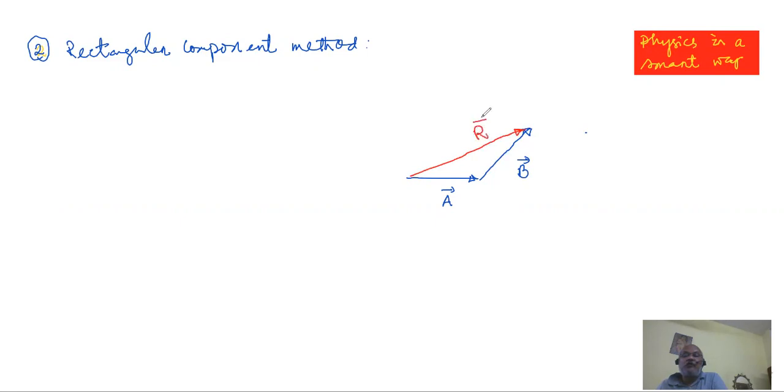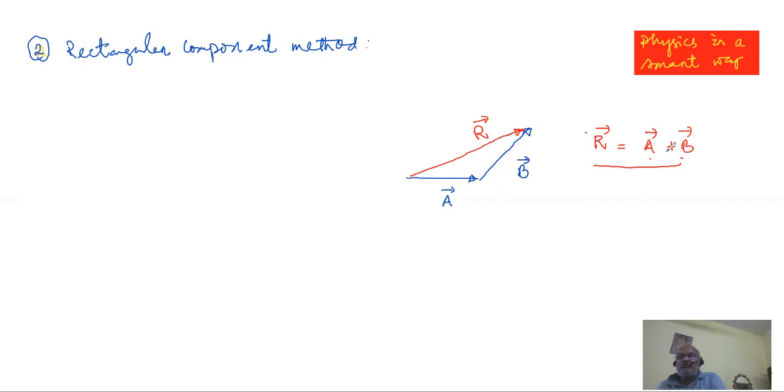Symbolically, we say resultant R equals A plus B vector. So R is the resultant of A and B.